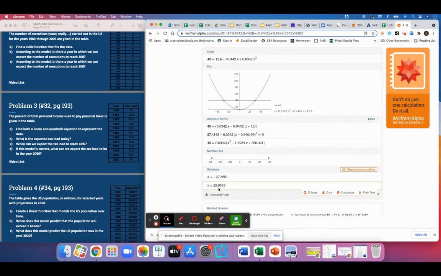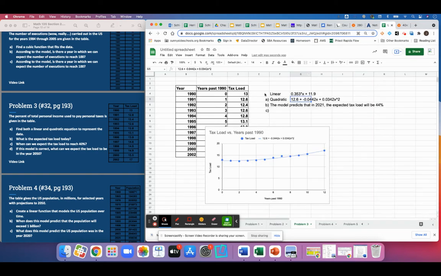The other is 28.9, so about 29 years after 1990, which would have been the year 2019. Year 2019 is what that is expecting is going to happen.